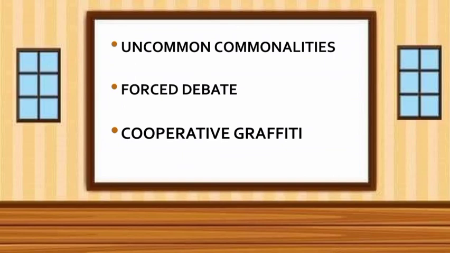Cooperative graffiti. This strategy requires students to think about the topic and write down as many ideas as possible using different colored pens. For example, divide the students into small groups and give each group a large piece of butcher paper and a variety of colorful pens. Next, write a broad topic on the front board, and on your command, go!